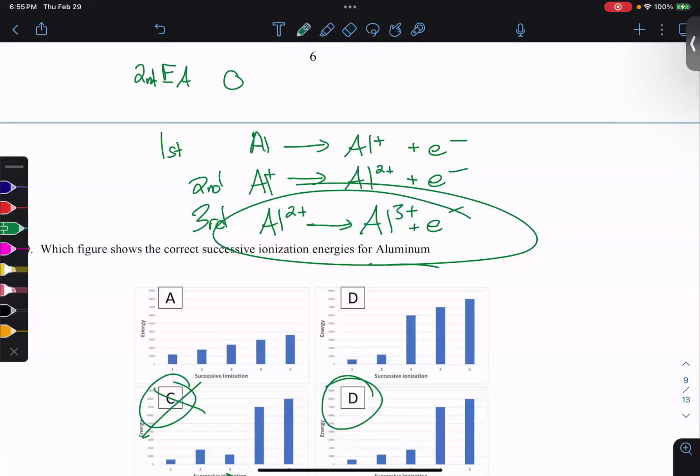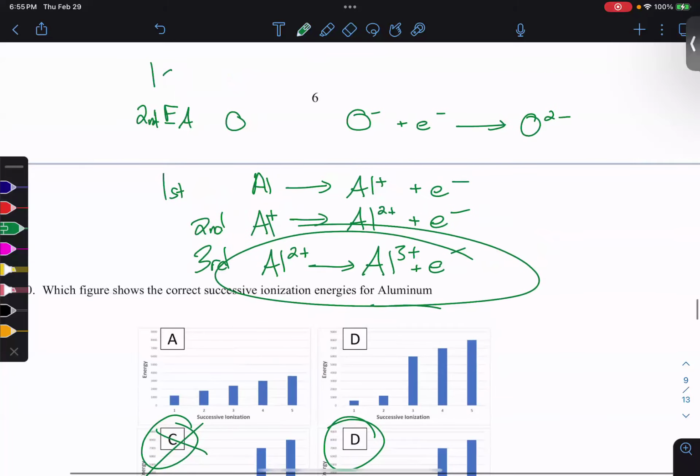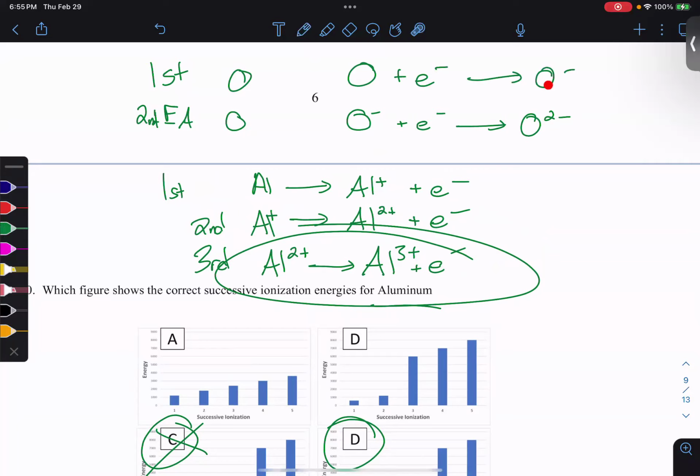So my reactant is O minus. I add an electron, O2 minus. That is my second electron affinity. The first electron affinity of O is O plus an electron gives me O minus. And so see how I take the product in the previous one, make it the reactant in the next one. There we go. So just write all of them.